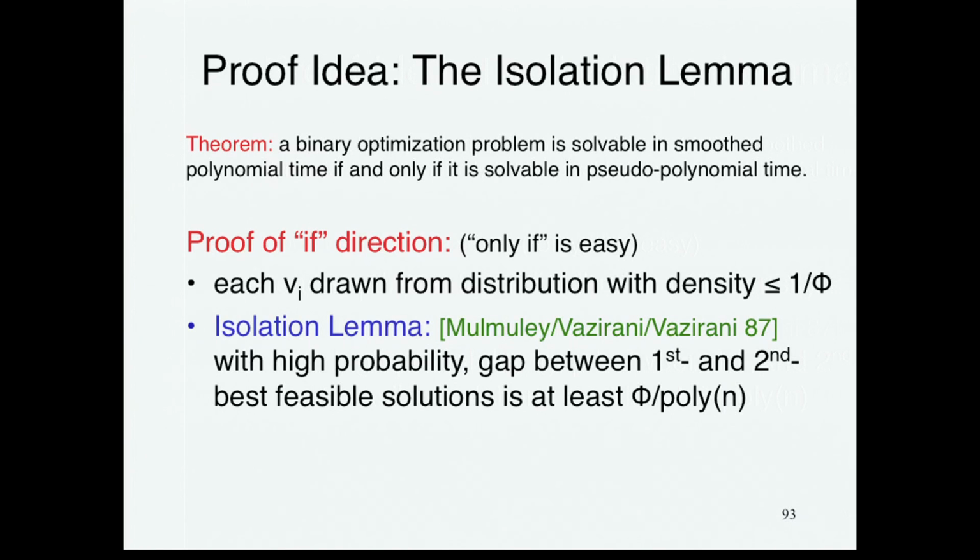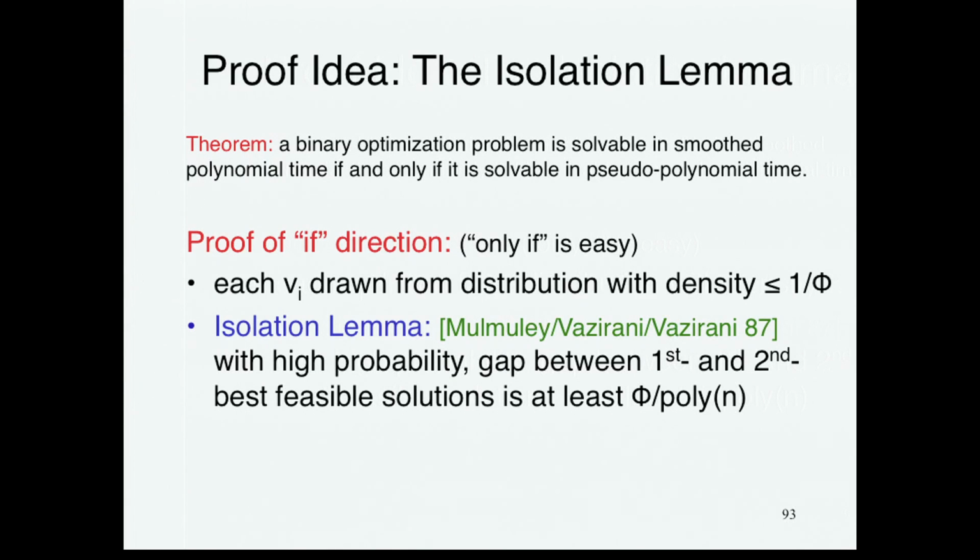And they said, suppose you have a graph, an unweighted graph, and now suppose you independently assign a random integer to each edge of the graph, say between 1 and n squared, or something like that, okay? Then, with high probability, there will be a unique maximum weight matching. There will not be two different matchings that are both maximum.